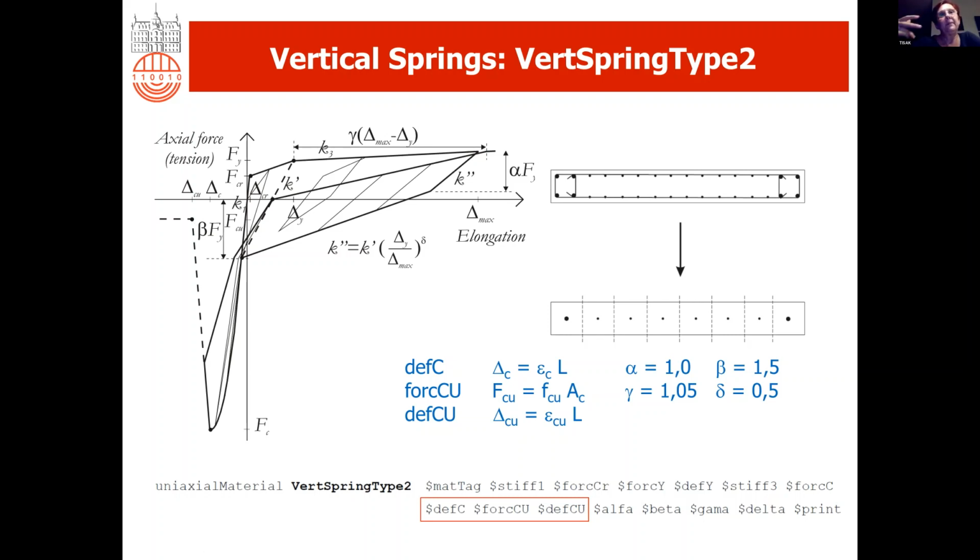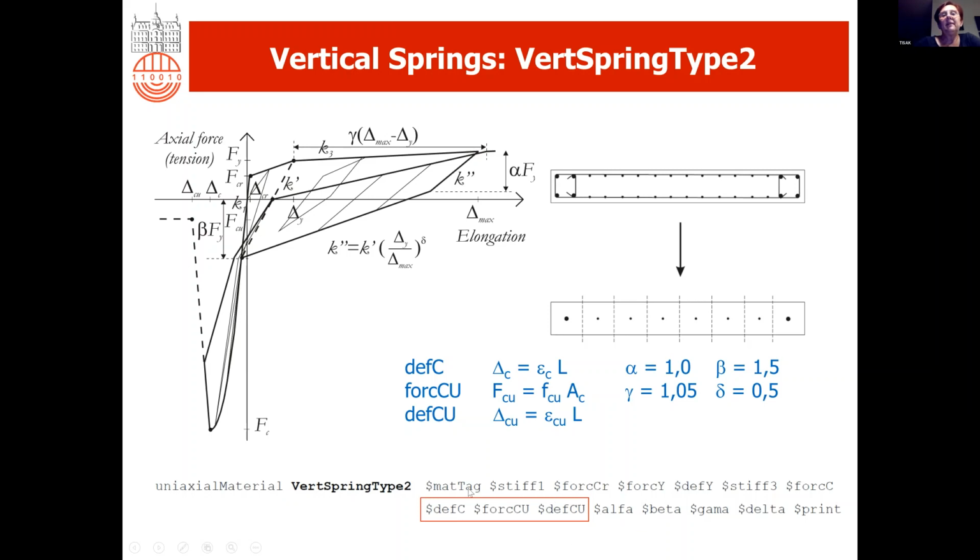So we have two possibilities. If we don't expect the strength to deteriorate, we can use the first model that I showed. If we expect this, we can use this vertical spring type 2 element.